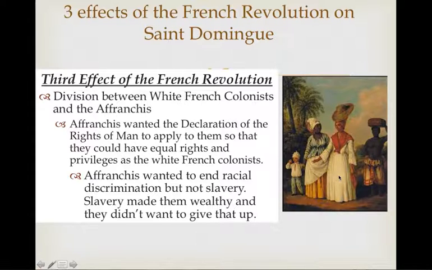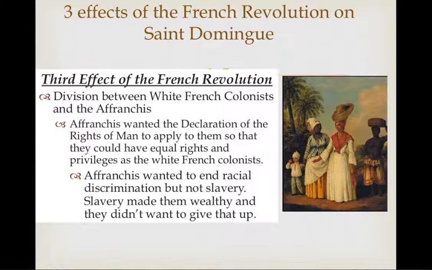So they were free, and they had their own plantations, and they started to make a lot of money. So they said, oh yeah, that Declaration of the Rights of Man, that applies to us too, because we're free, we're on the island, and we should have equal rights as the white French colonists. And the white French colonists said, no.